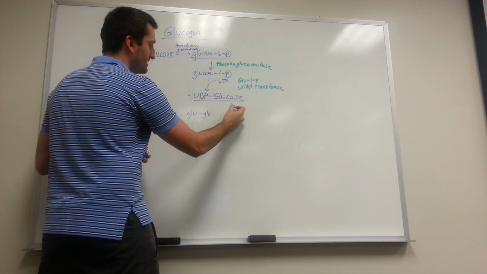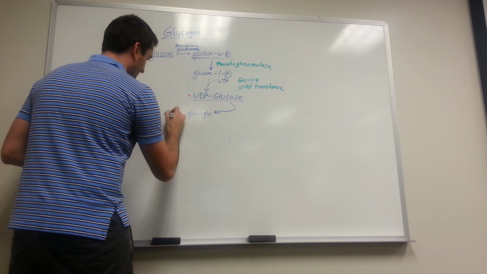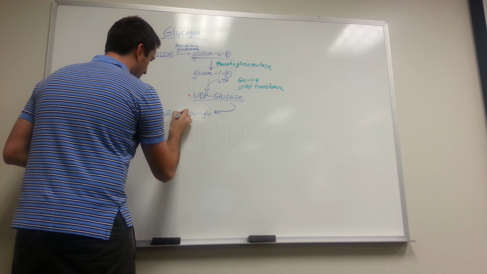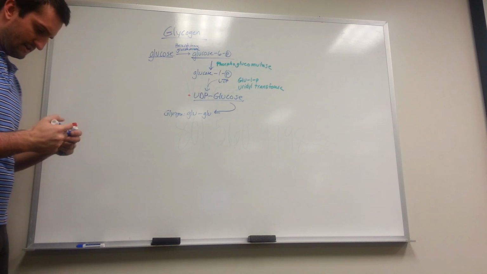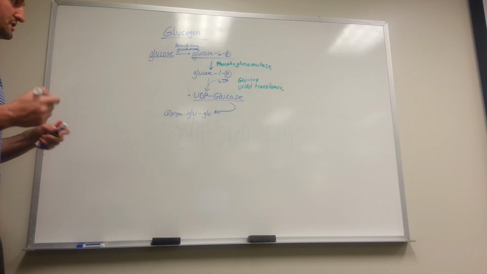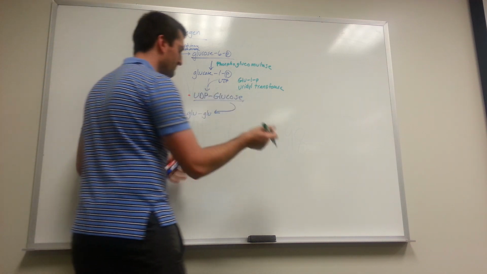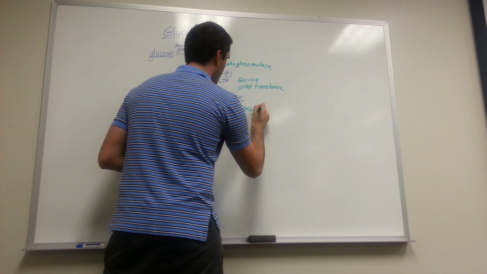We're going to attach this UDP glucose to this already forming glycogen. Glycogen is just a whole bunch of glucoses already kind of started together. This will be catalyzed by glycogen synthase. It's going to be a very important enzyme.